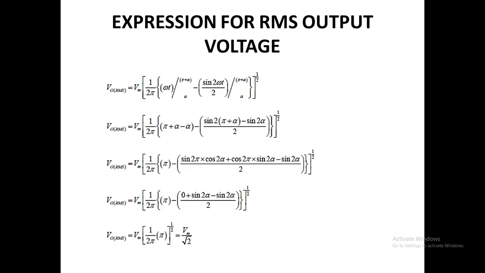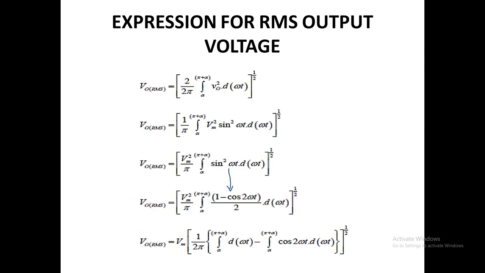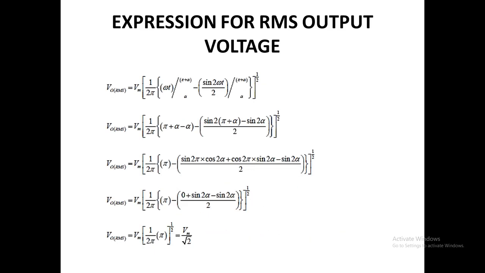So on integrating 1 we will get omega t, on integrating cos 2 omega t we will get sin 2 omega t by 2, to the limits of alpha to pi plus alpha. So on substituting omega t, the upper limit is pi plus alpha, minus the lower limit, alpha. And for sin 2 omega t we substitute pi plus alpha as the upper limit and alpha as the lower limit.